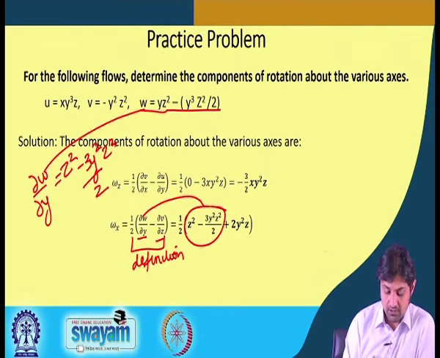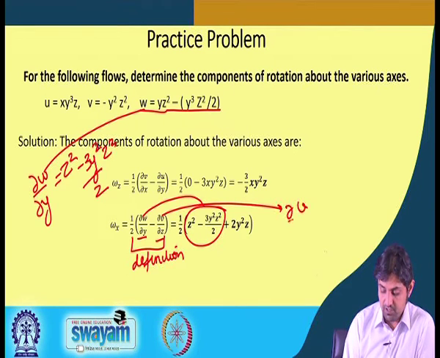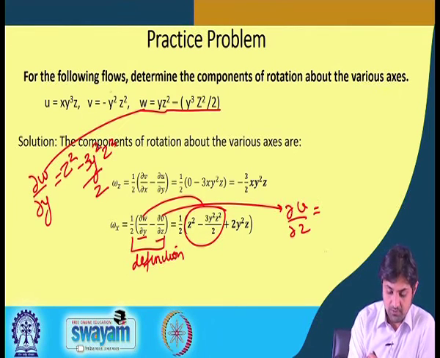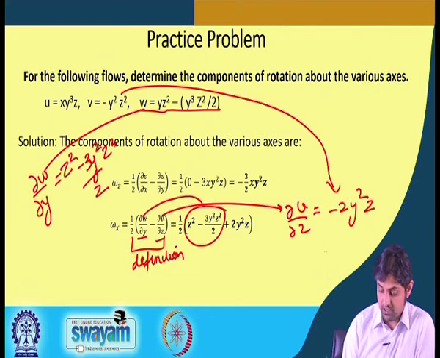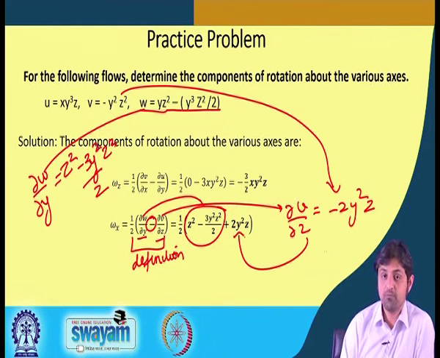Now we also need to know what del v del z is. So del v by del z from here is going to be minus 2y square z. Okay, correct, and this has been put with a minus sign here, so this becomes plus when coming here.